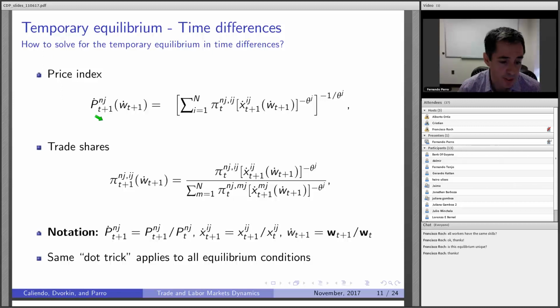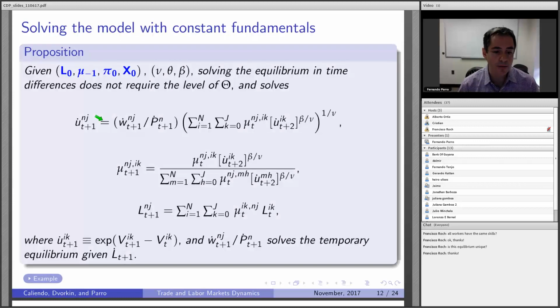Same thing for the gravity trade equation. So we're going to express the gravity trade equation in time differences. It's going to depend on the change in factor prices and my trade flows from the initial period, and all the unobservables, such as productivities and trade costs, are going to differentiate out.